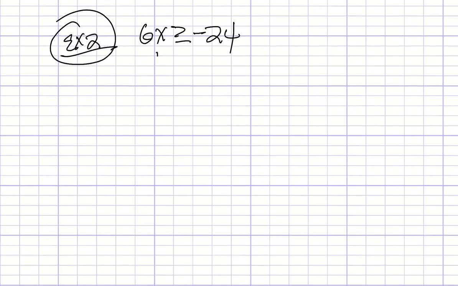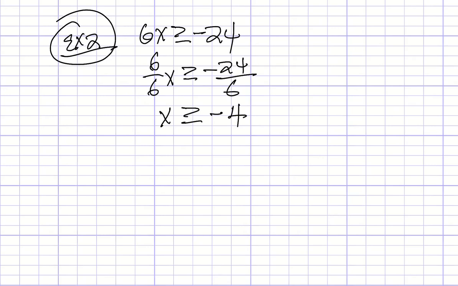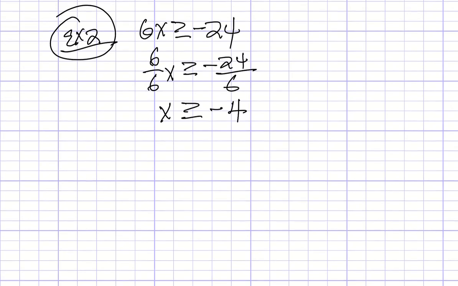You say 6 divided by 6, and whatever you do on the left, you do on the right: minus 24 over 6. Then x is greater than or equal to, if you divide by 6, negative 4.